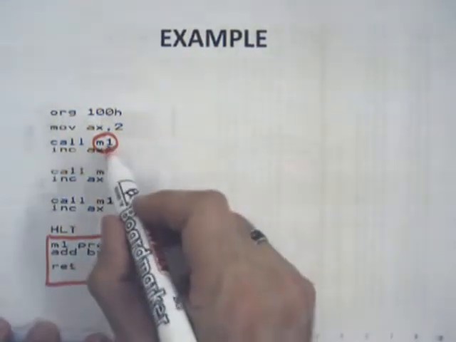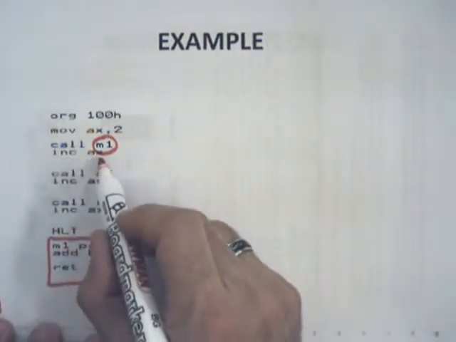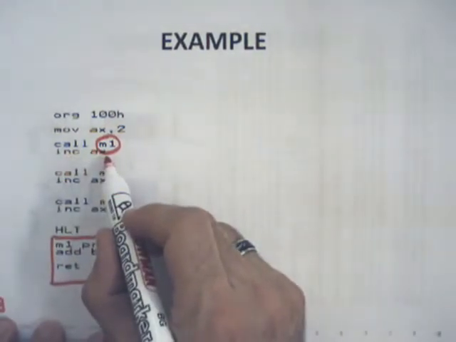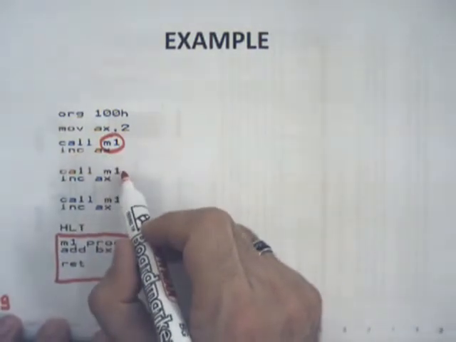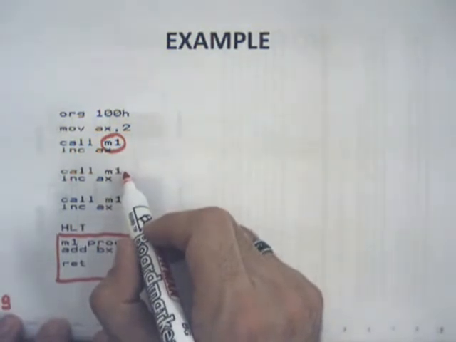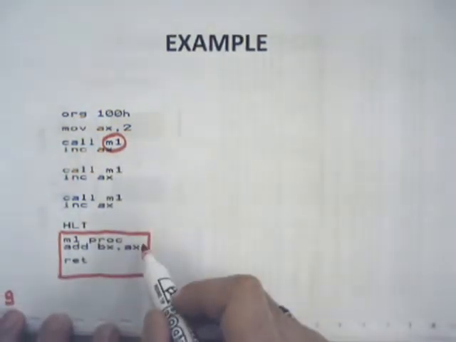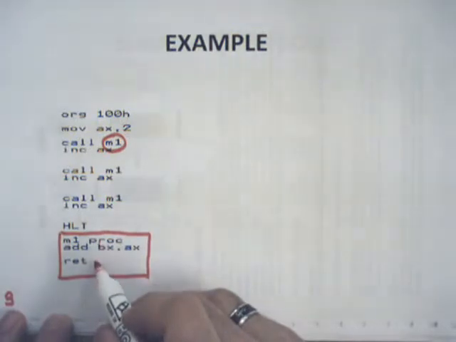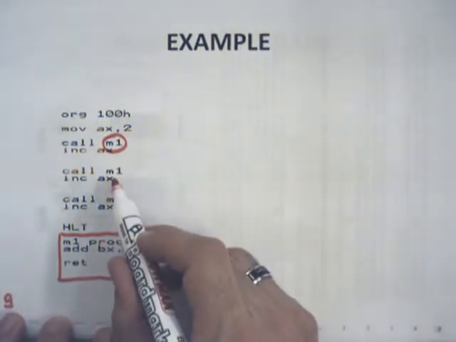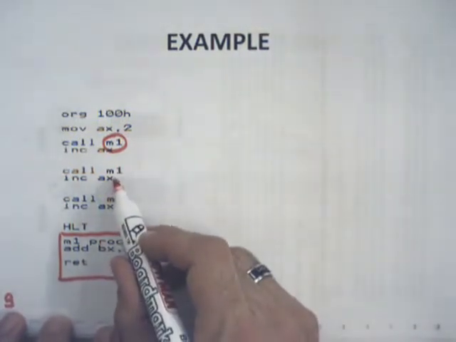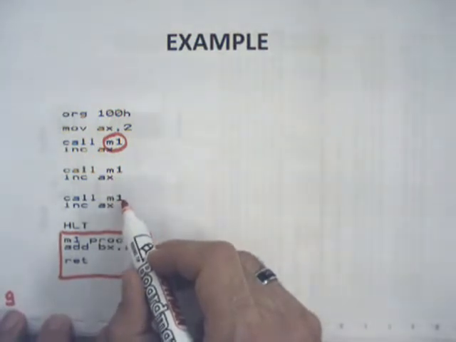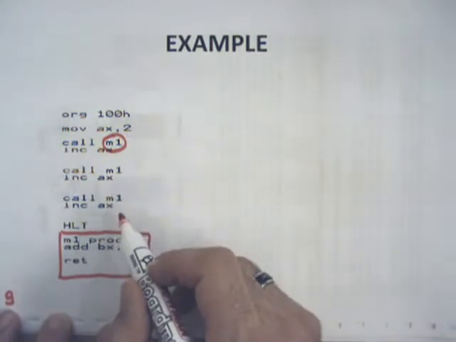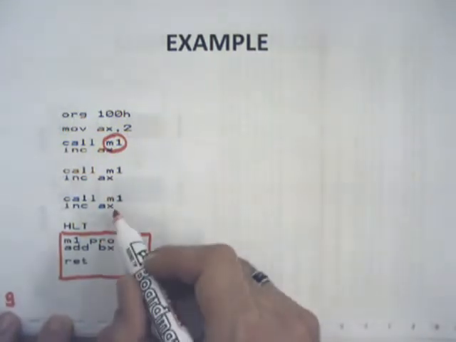Then it returns back and it increments the register AX. Then the same subroutine is called, tasks are repeated, and it returns back to increment AX. Then the same subroutine is called again for the 3rd time, and the same tasks are repeated.